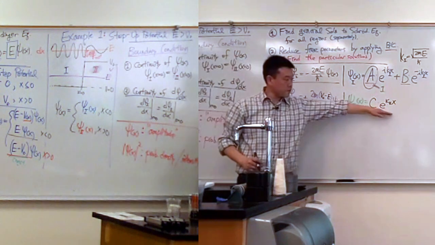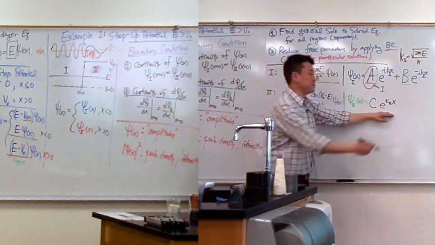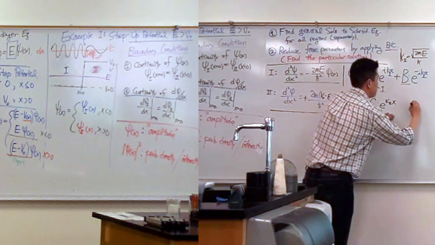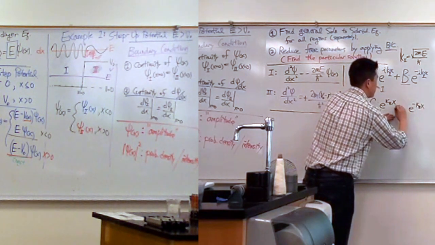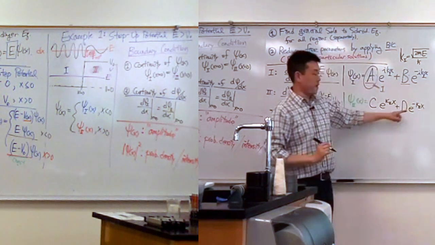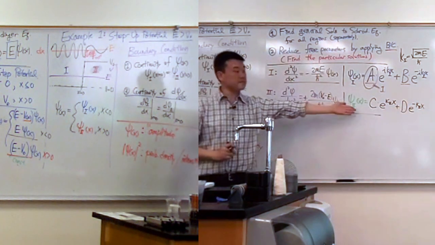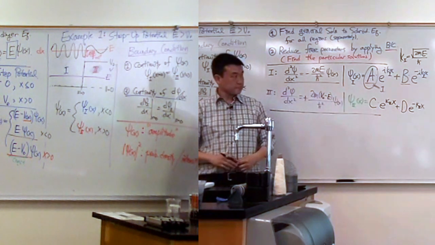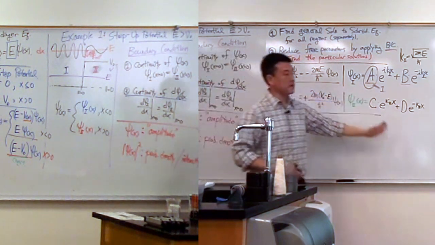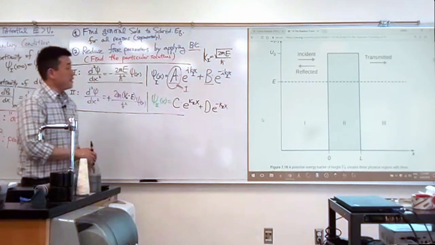So this is one solution. There's another linearly independent solution. That's this one, e to the minus kappa 2 x, because when you take two derivatives, it doesn't matter if this was minus or plus. So this is my new solution in region 2, beyond the step.